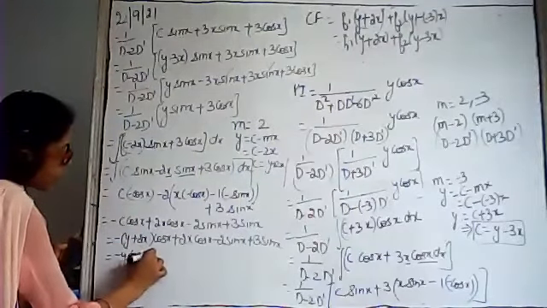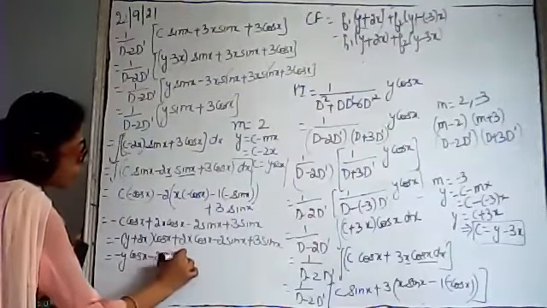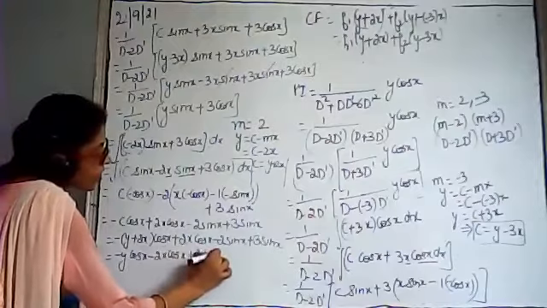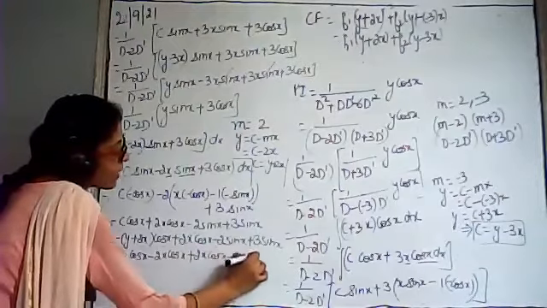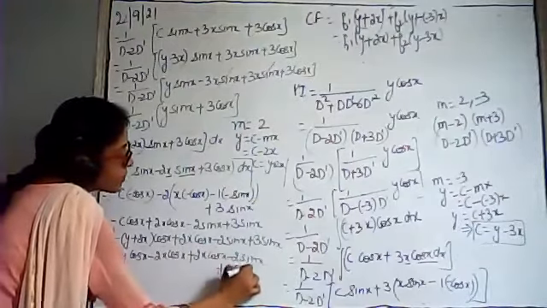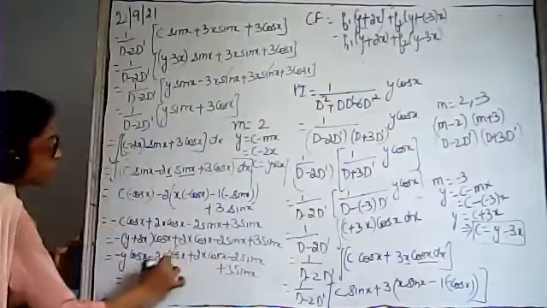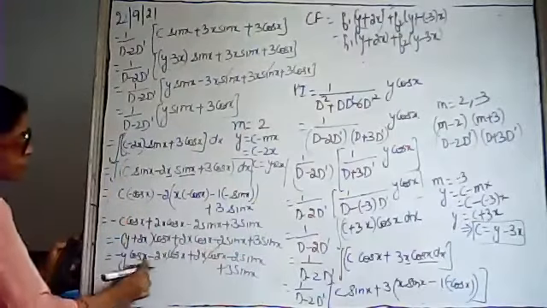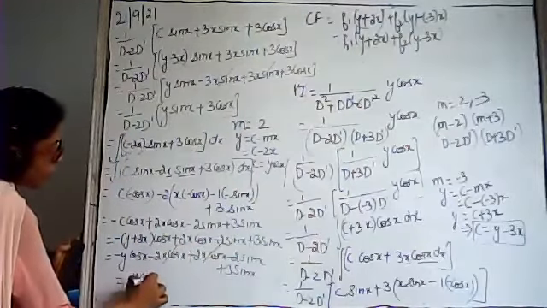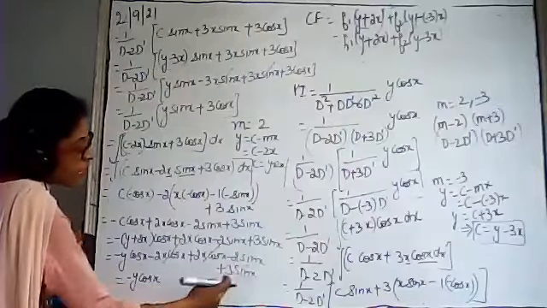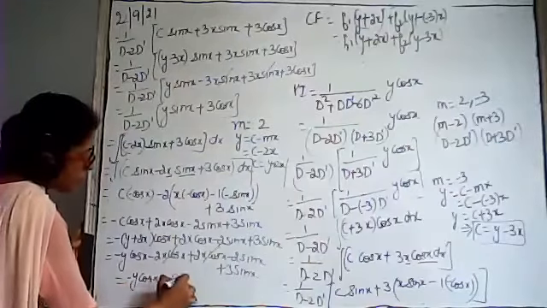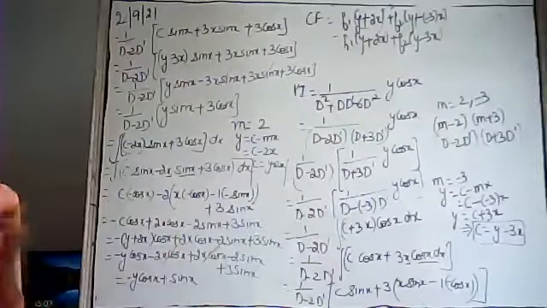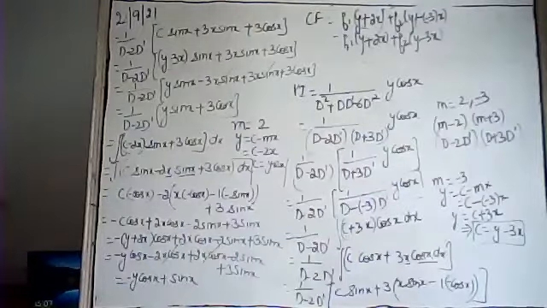Minus y cos x minus 2x cos x plus 2x cos x minus 2 sin x plus 3 sin x. Minus 2x cos x and plus 2x cos x will be cancelled out. It will be minus y cos x minus 2 sin x plus 3 sin x, which will be sin x. So this is our particular integral.